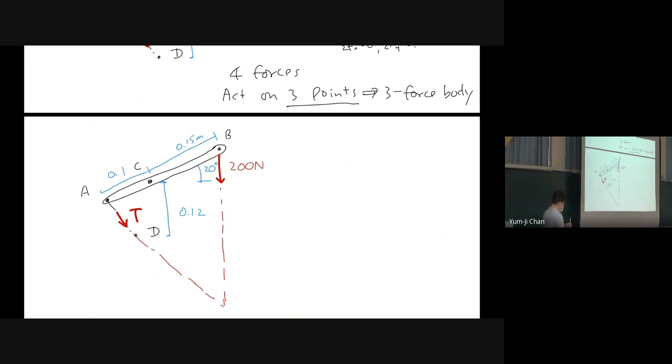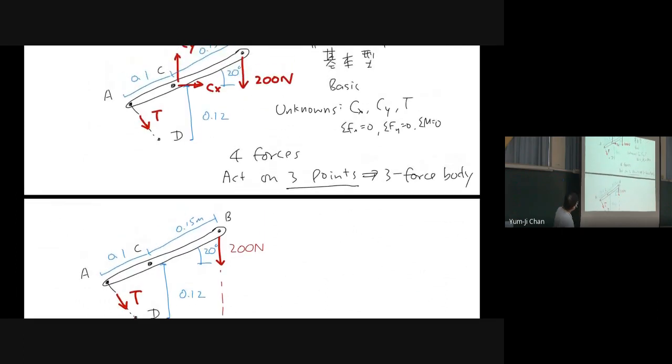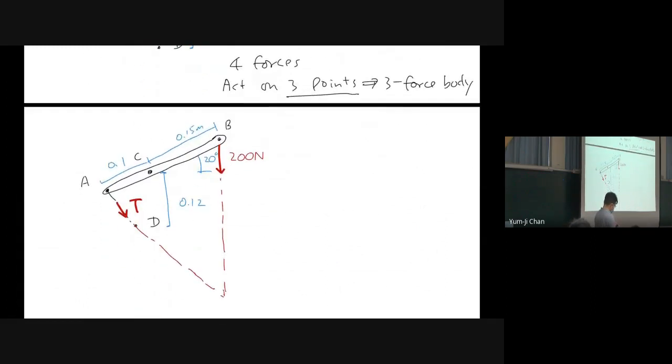So of course, in the upper free body diagram, we have Cx and Cy, and the resultant force is, for example, here. But in reality, this cannot be the correct direction, because the resultant force at C will have the line of action going, for example, to point E here.